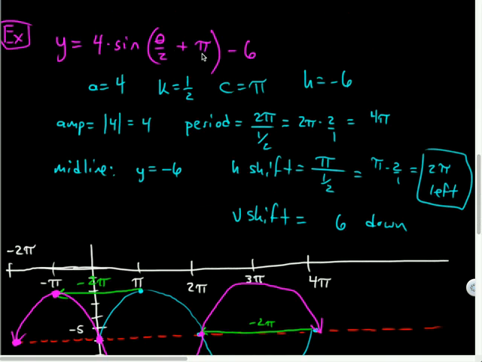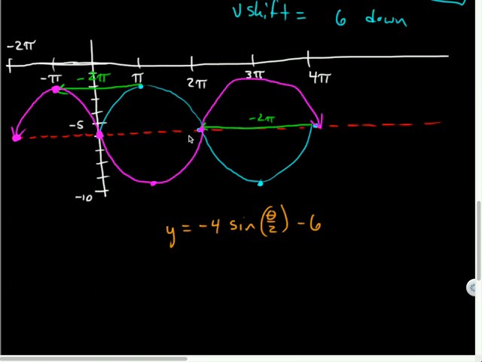Why is it the same? Because the shift was exactly half of a period, so I could have just flipped it. If I flipped the blue one, this arc would be down here, and this arc would be up here. So I could have accommodated that flip by making a negative a value rather than doing a horizontal shift.